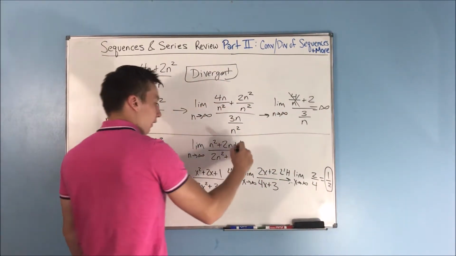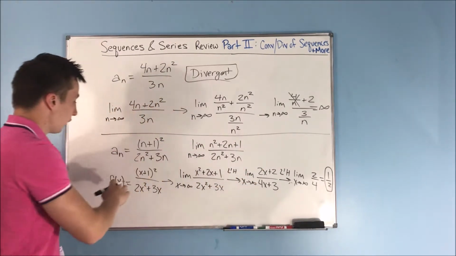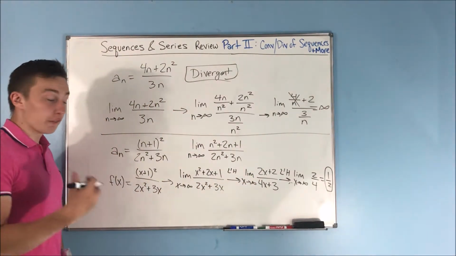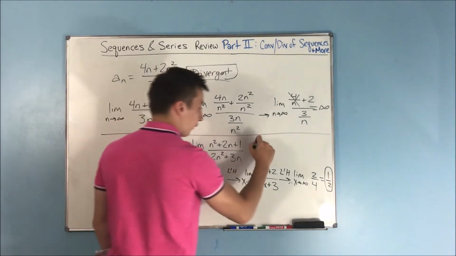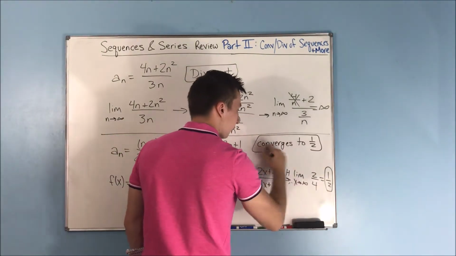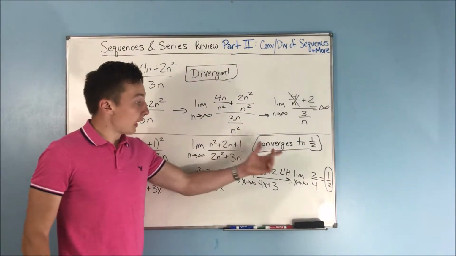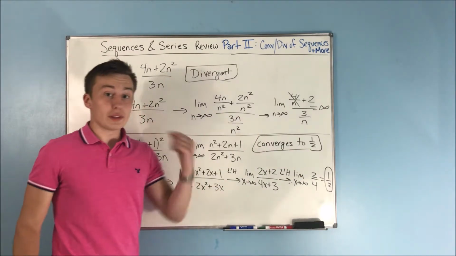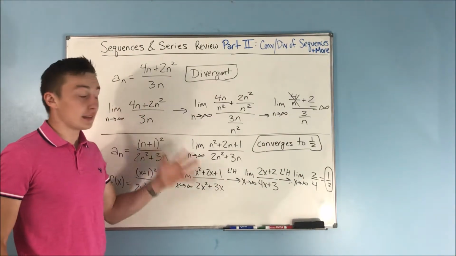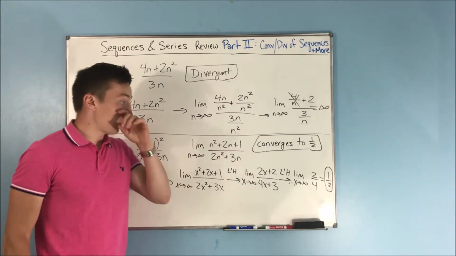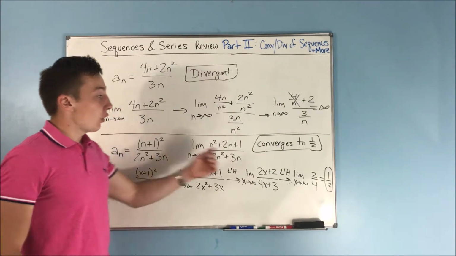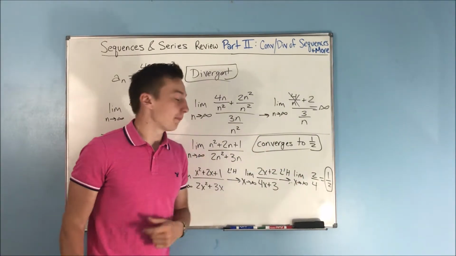Which means that this sequence right here converges to 1/2. Notice that you can say what it converges to with a sequence, but when we get into series, that's not going to be the case. It's not that easy to see what it converges to.